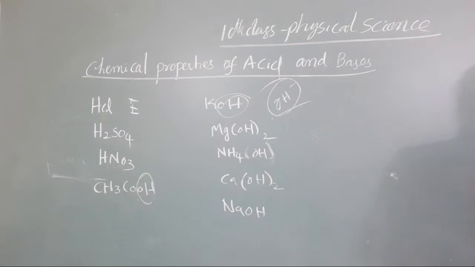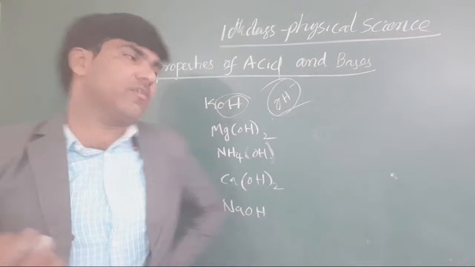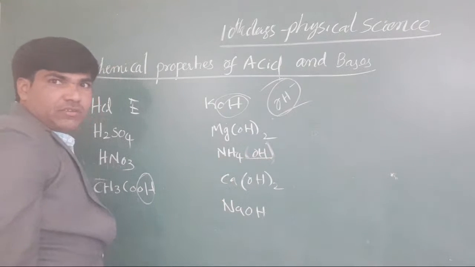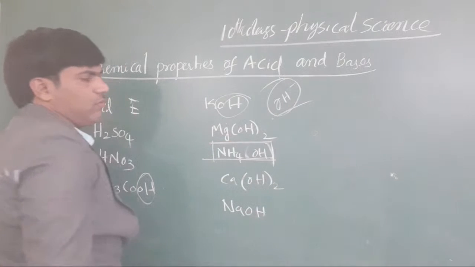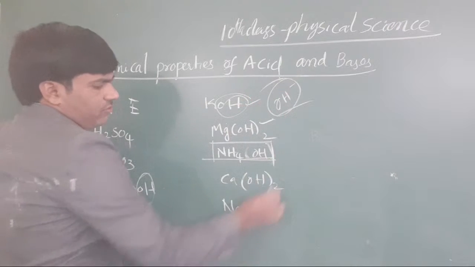Actually it is NH4OH, it contains ammonia. I hope you understood that it contains ammonia. Got it, all the students? Ammonium hydroxide is not available with us, and magnesium hydroxide is available, potassium hydroxide is also available.